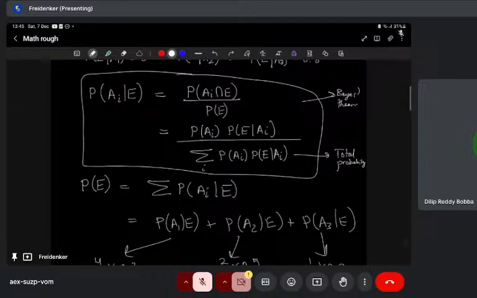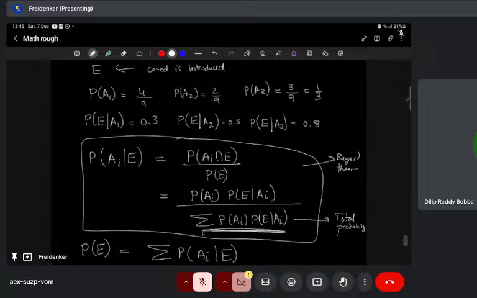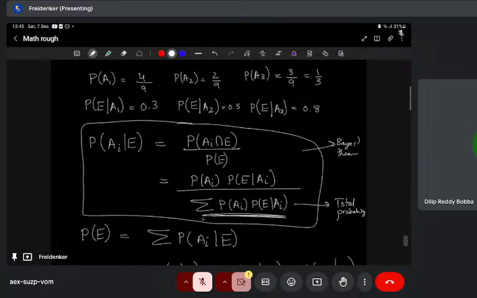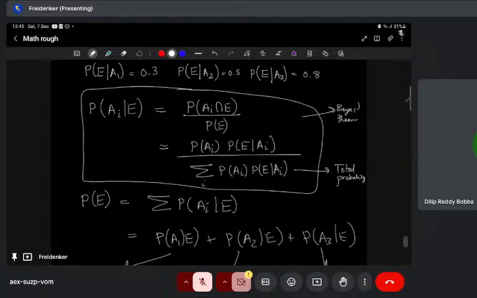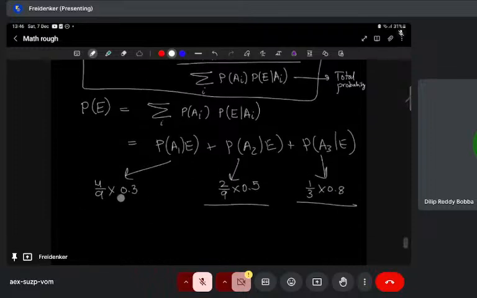Aren't we going in circles now? Oh, fine. I just have to find probability of E, so I don't have to even use Bayes theorem. I can directly find it using total probability.